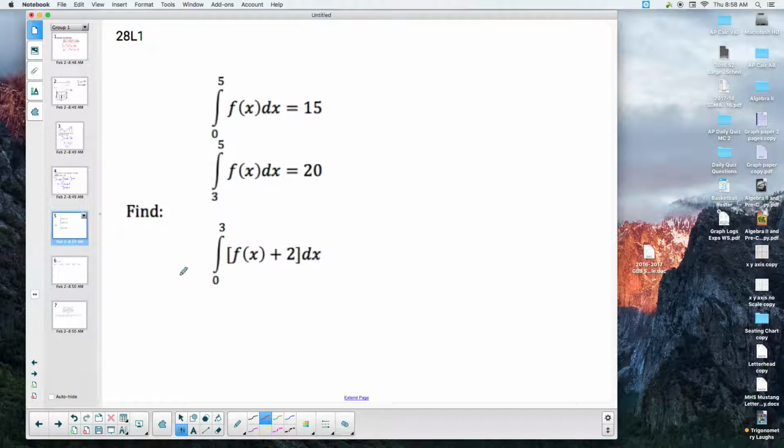All right, number 5. Same question except not poorly asked. We got from 0 to 5, we got from 3 to 5, so we're going to use that to find from 0 to 3. 0 to 3 plus 3 to 5 equals 0 to 5.